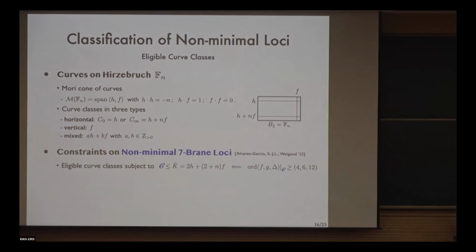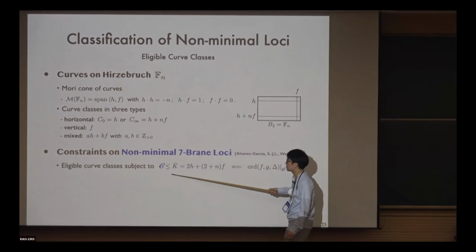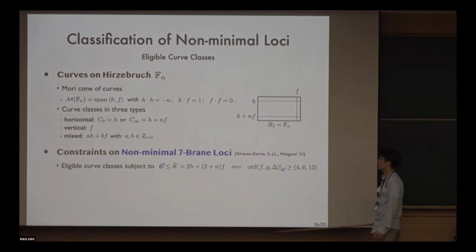And then now we get to constraints on non-minimal seven-brane loci. So I say that not every curve can support a non-minimal seven-brane, and that's because we have to impose pretty high vanishing orders along this curve in order for this to support a non-minimal seven-brane stack. And this leads to a concrete upper bound on the curve class, an eligible curve class for the seven-brane locus.